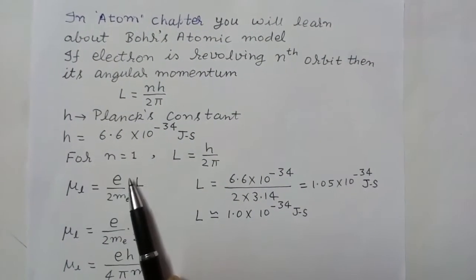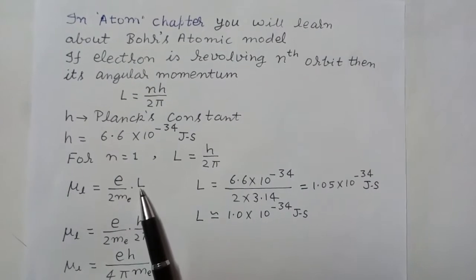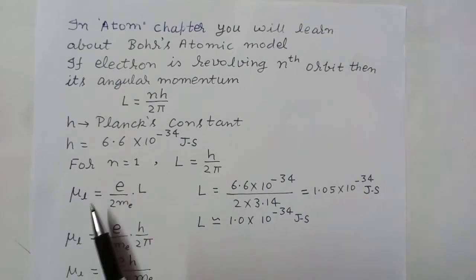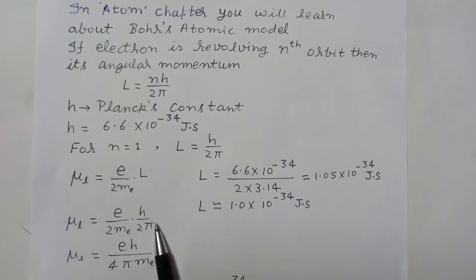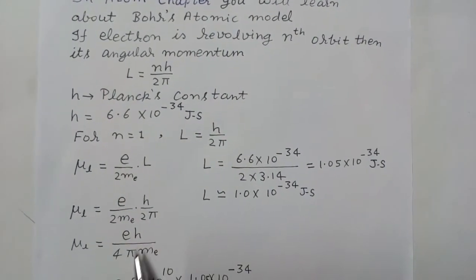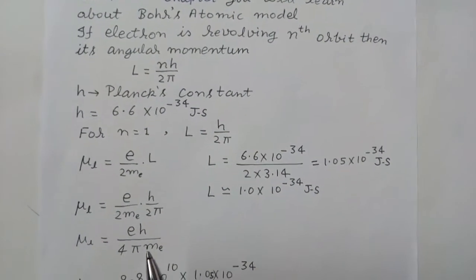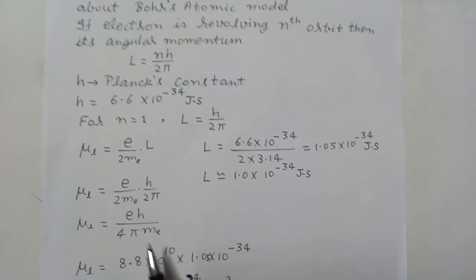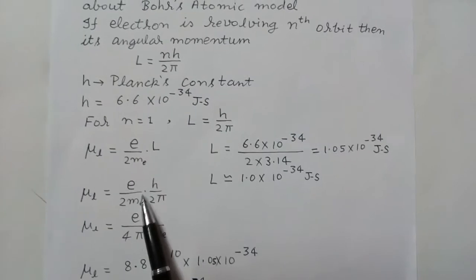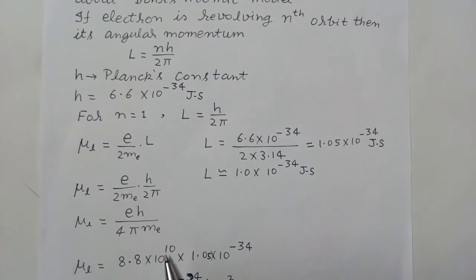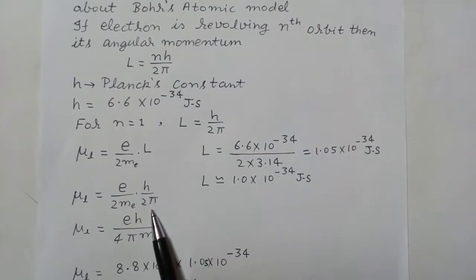So mu is equal to e upon 2m into L. In this formula you substitute L is equal to h upon 2 pi. So mu is equal to eh upon 4 pi me. Now when you substitute value of e upon 2m in this formula, this is 8.8 into 10 power 10, and h upon 2 pi.